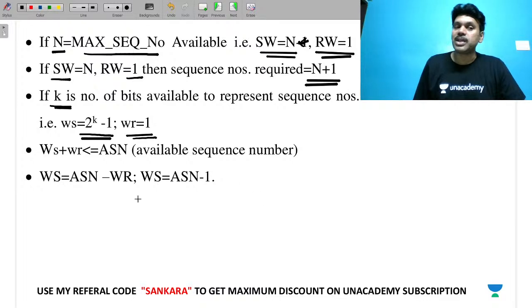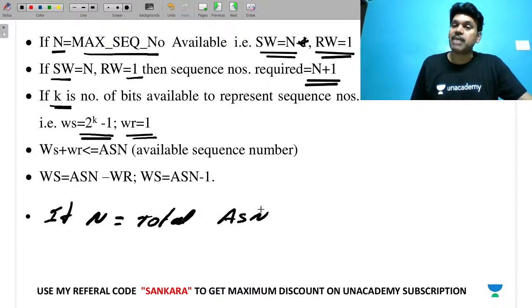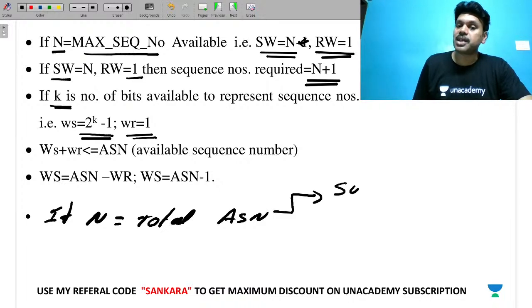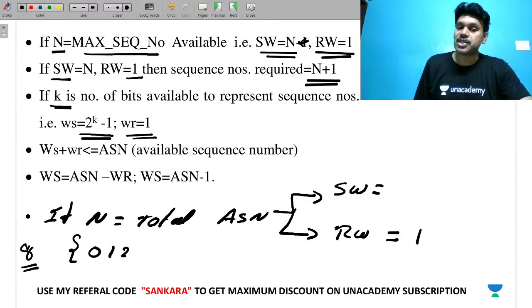And one more rule is there. What is that rule? If n is equal to total available sequence numbers, then you tell me what is your sender window size and what is your receiver window size. Receiver window size is 1. What is your sender window size? Total available sequence numbers, if I am taking 8, are 0, 1, 2, 3, 4, 5, 6, 7.